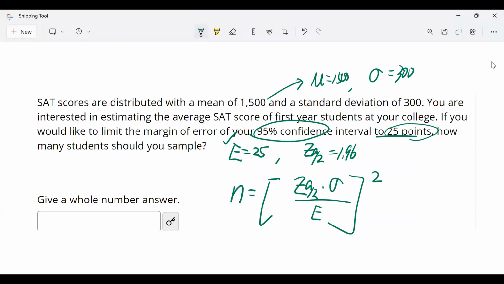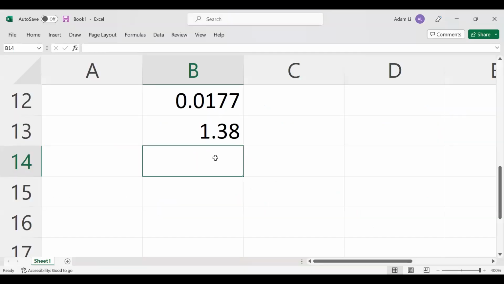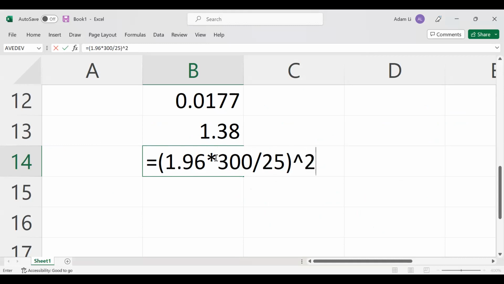So go back here and plug in your numbers: 1.96, 300 over margin of error 25. Let's square that. We're going to get a decimal answer, but we round up to the next whole number. So parentheses 1.96 times 300 over 25, to the second power.